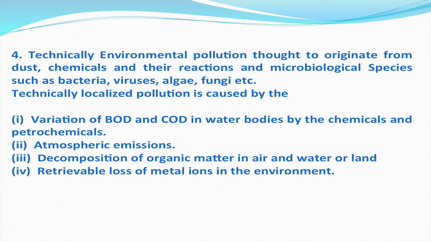In one of these three it may end up. Now, another type of pollution that is very common is irretrievable loss of metal ions in the environment. This is also a very serious type of environmental pollution that is happening in our midst.